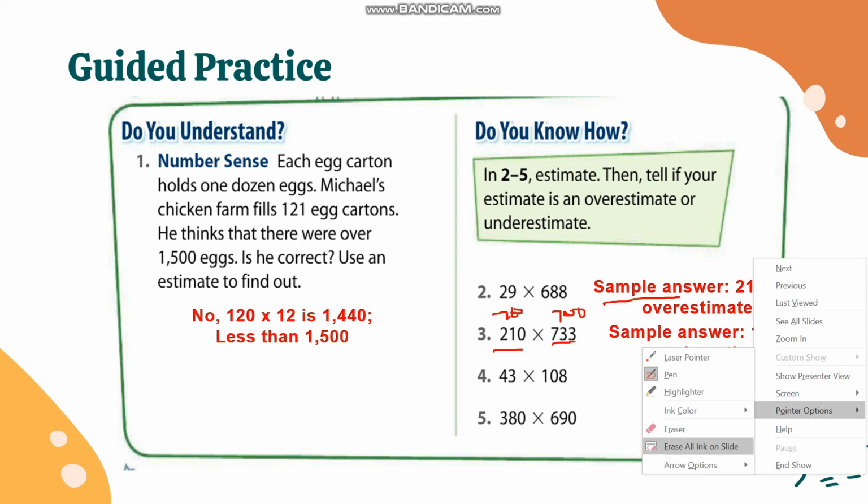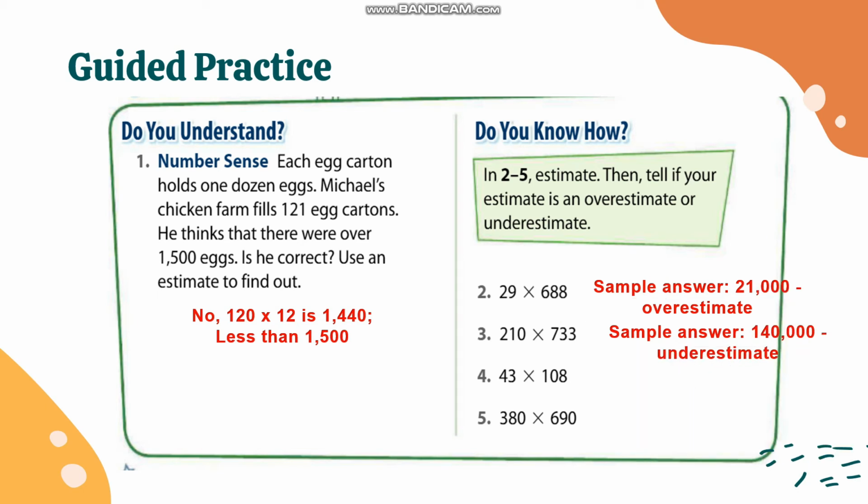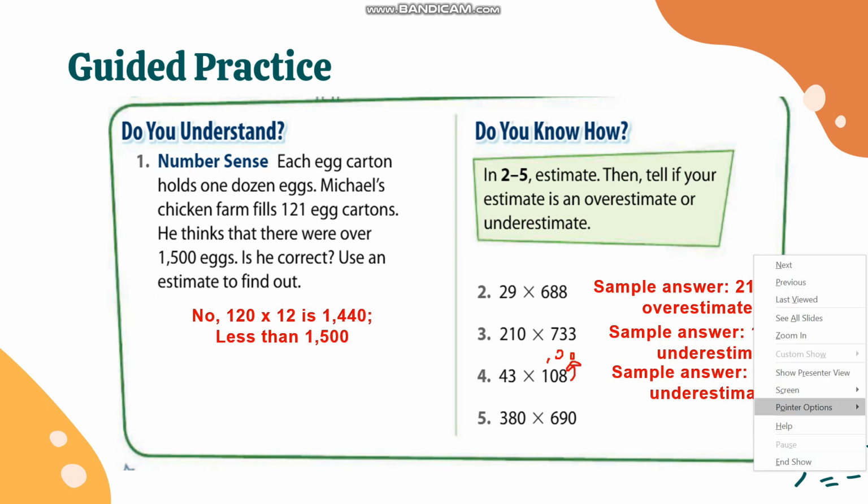The same thing in number 4, 43 multiplied by 108, my answer is 4,300 because I'll just change this into 100, then multiply by 43, 4,300. And it is an underestimate because from 108, I adjust the number into 100.